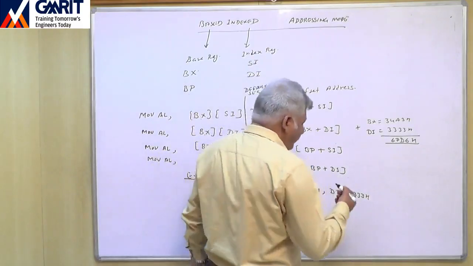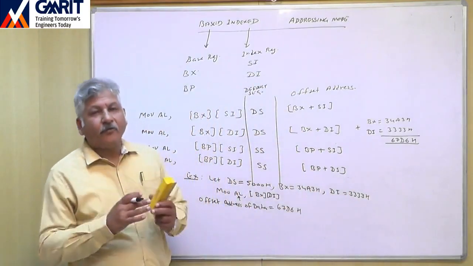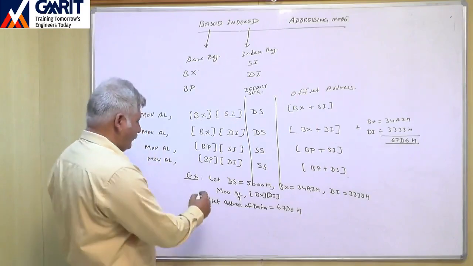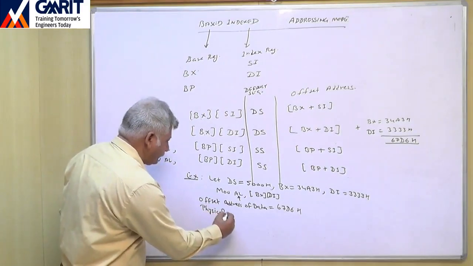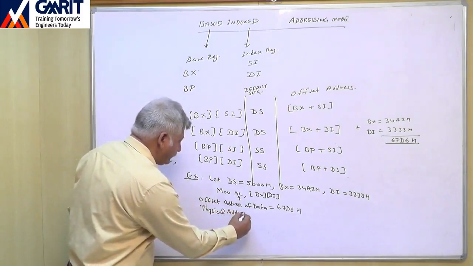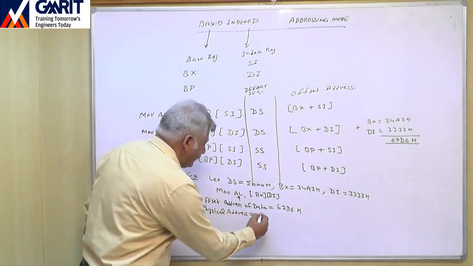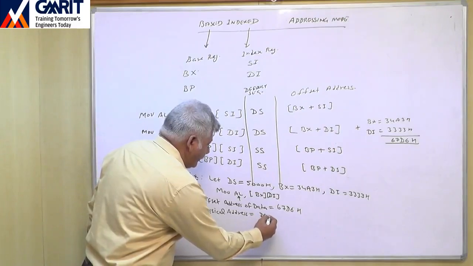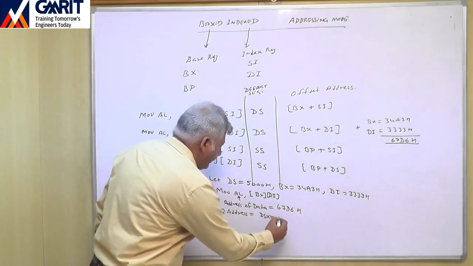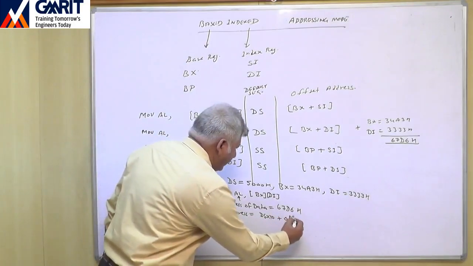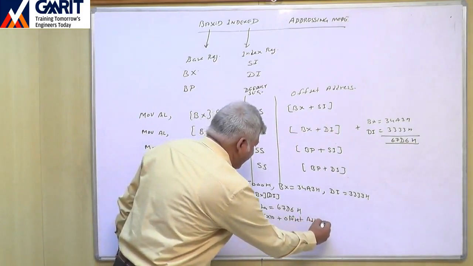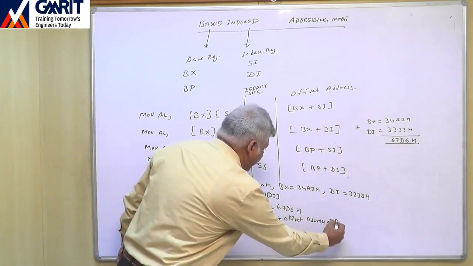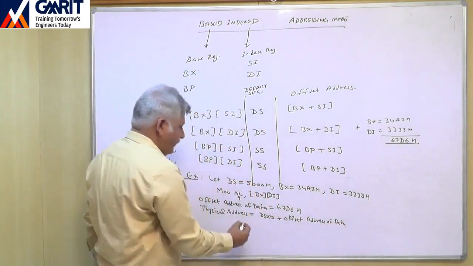Now we have to find out the actual physical address from where data will be moved. For that, we require data segment times 10 plus the offset address of data.